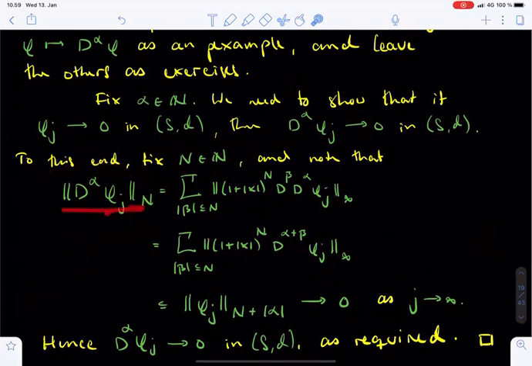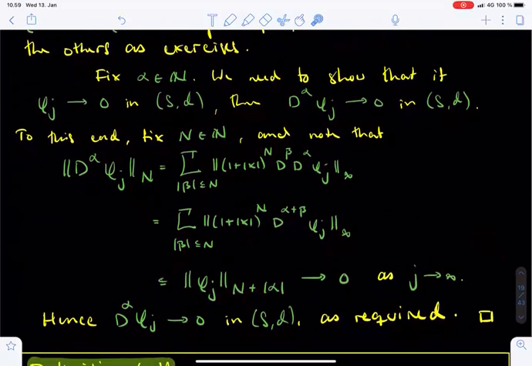We do this by bounding the n-norms of ∂^alpha phi_j from above by the (n plus the order of alpha)-norm of phi_j. This inequality is not hard to see. The n-norm of ∂^alpha phi_j is by definition the sum over all multi-indices beta of order at most n of the L infinity norms of the functions (1 plus the norm of x) to the power n times ∂^beta of ∂^alpha of phi_j.